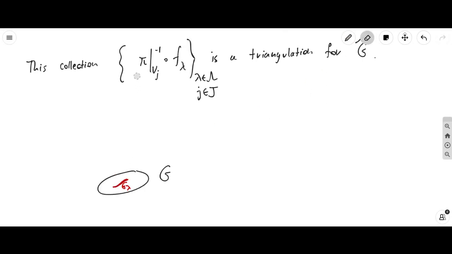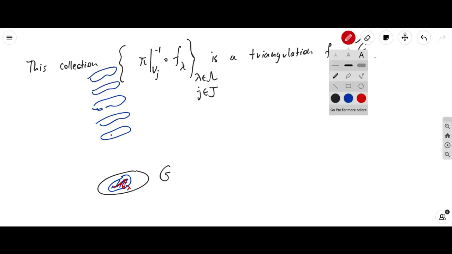So you're assuming that the edge sits inside an evenly covered neighborhood, and when you lift it, you get this stack of pancakes. And then you're getting the lifted edge in every pancake. That's what this composition is. You're getting the lifted edge in every single pancake.